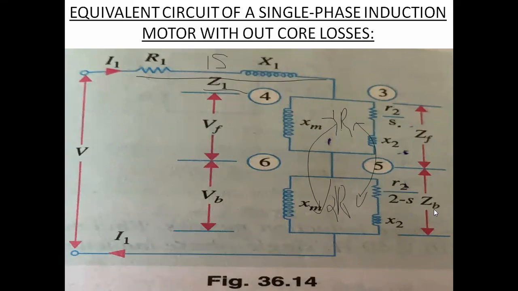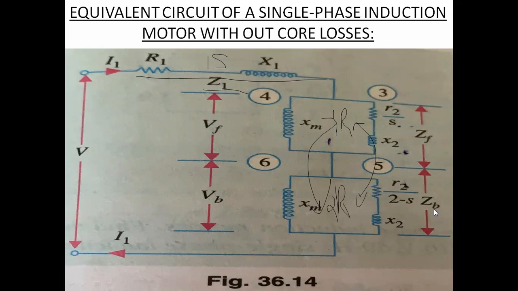This R2 and X2 represent half the actual rotor values in stator terms, because the rotor is divided into two.